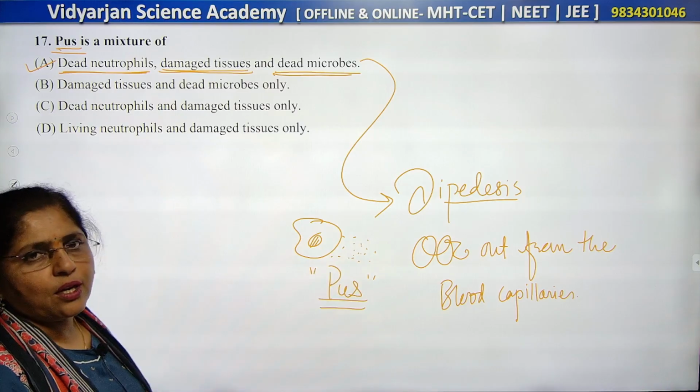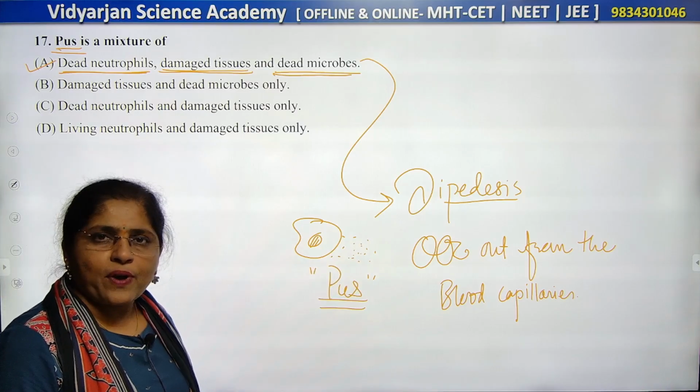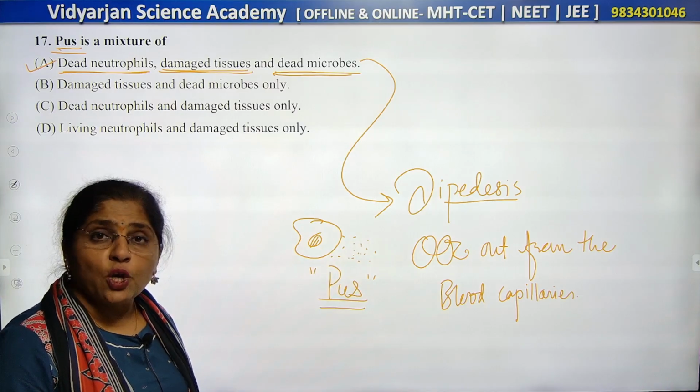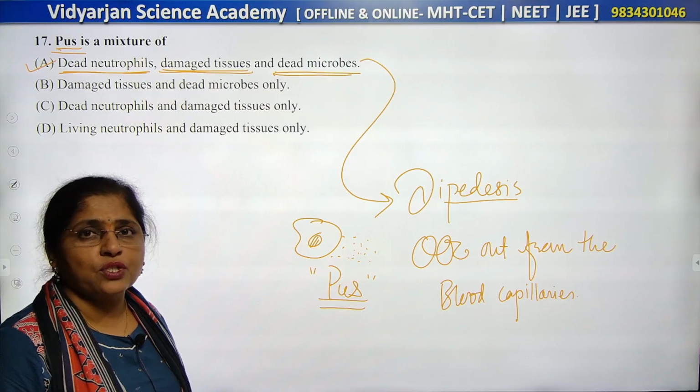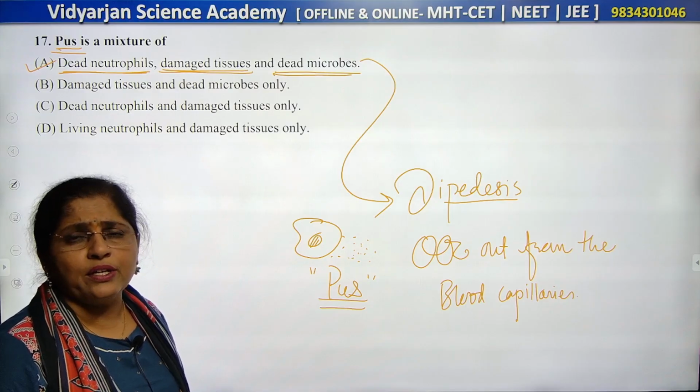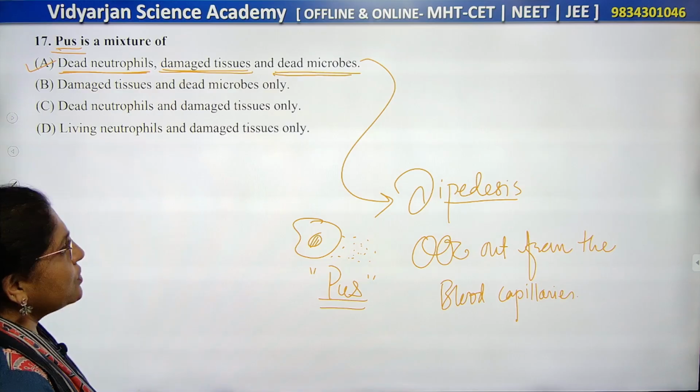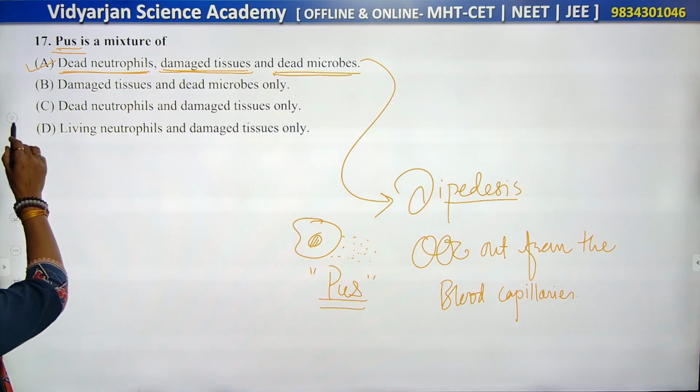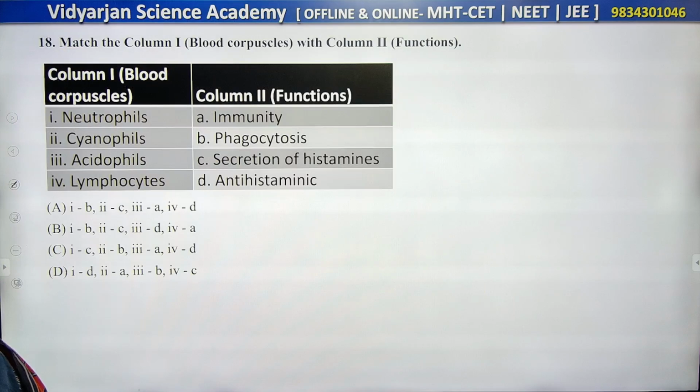And which is the color of the pus? Pus is white. Sometimes it may turn yellowish if you are getting severe infection. Sometimes it may give you a greenish tinge as well. So these are the things which are true for the pus.